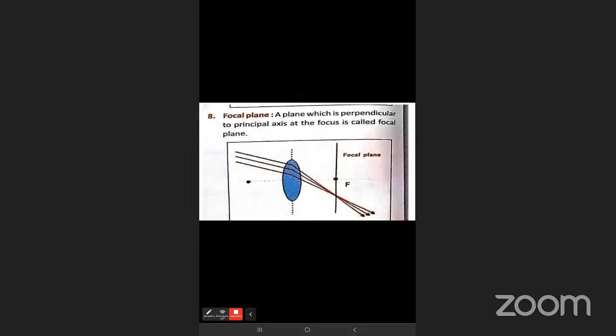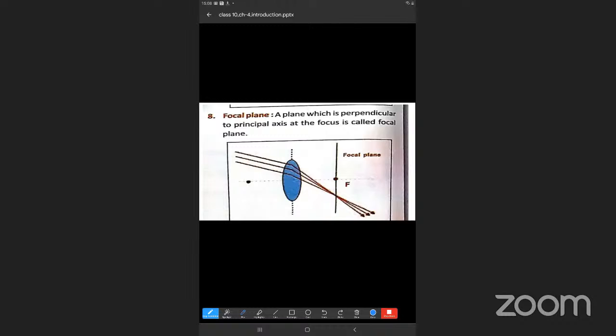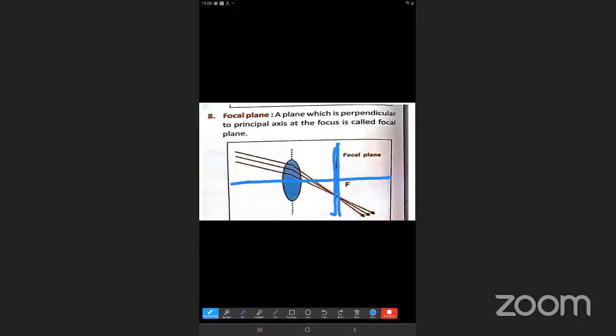Focal plane means a plane perpendicular to the principal axis at the focus. This is the focal plane here.